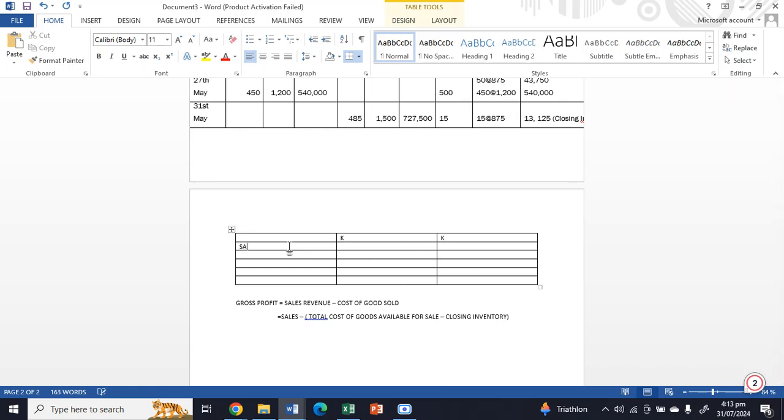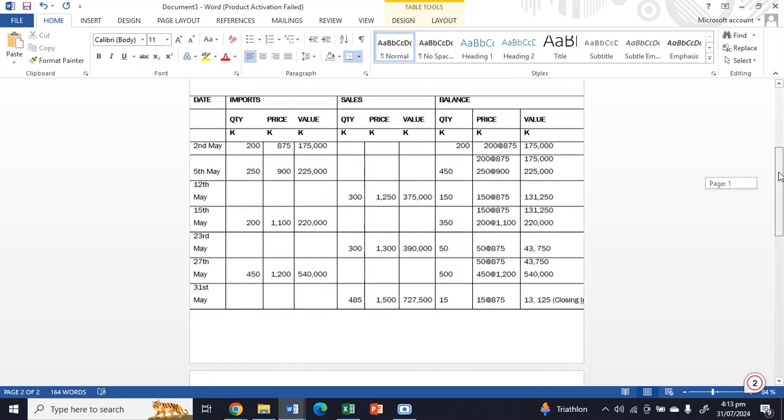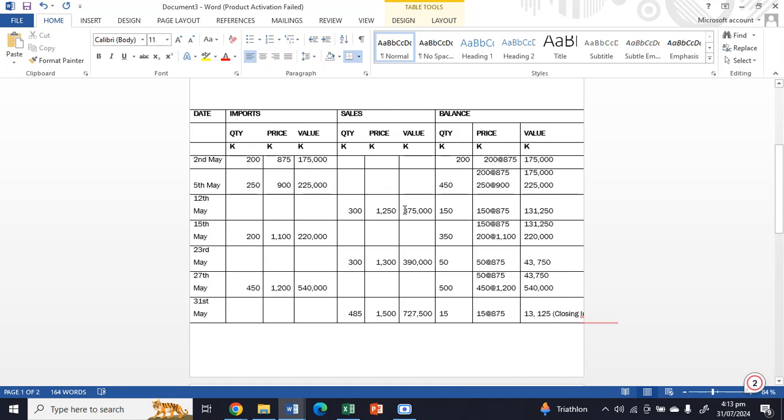First item, sales revenue. How much did we make in sales? We come to our sales ledger and we total up these values. 375,000 plus 390,000 plus 727,500.